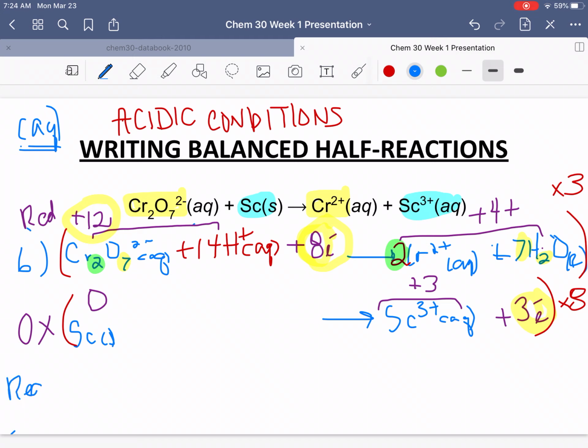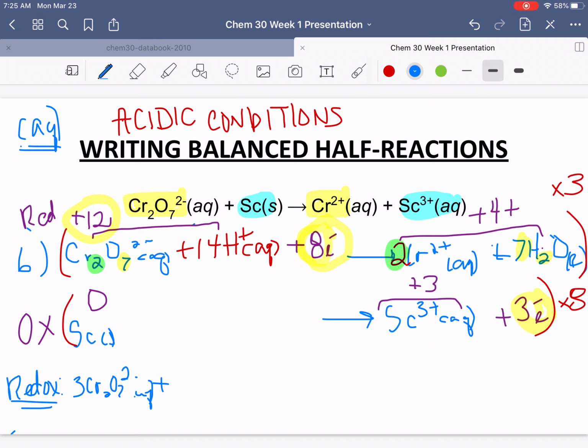Okay, last step, get that redox. This one's a little bit easier because the only canceling out and simplifying is going to involve electrons. It's not going to be a big deal for the rest of them. Don't forget to multiply though. So we have 3 of our Cr2O7 2 negative aqueous. And this is going to be added to, watch your multiplying here, we have to do 3 times 14.